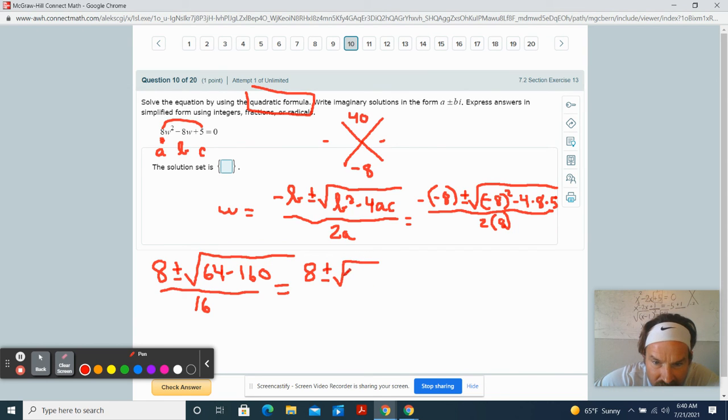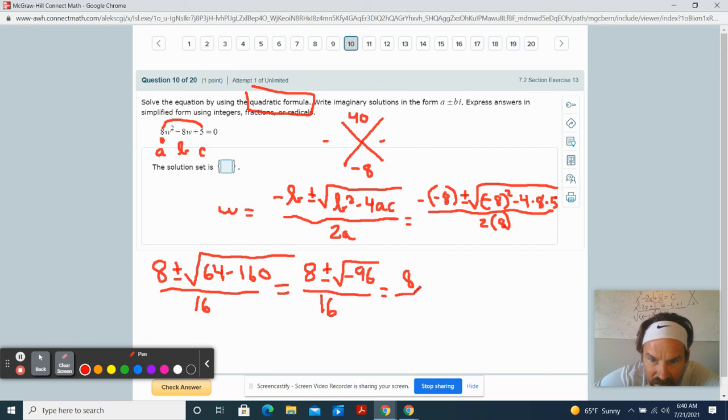Now, that should make you think that we're going to have to go into imaginary solutions. So imaginary solutions, a plus bi. So this is going to be 8 over 16.